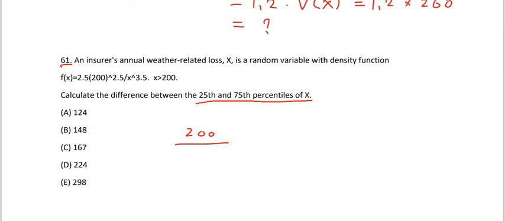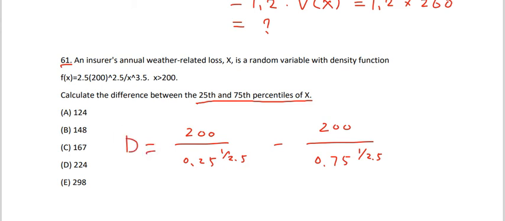Here's 0.75, 0.25, so 1 over 2.5. I just changed this percentage to 30 from 25 and 70 to 75. Okay, so this is the difference.